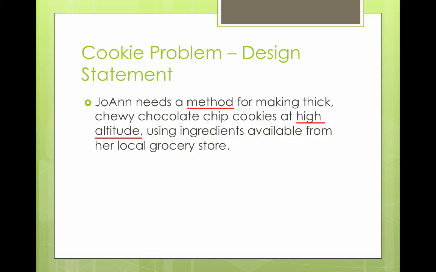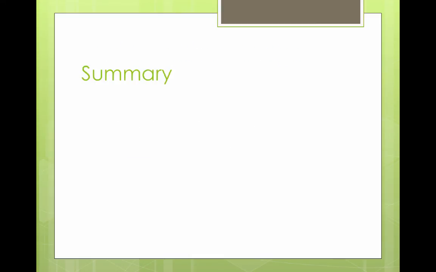And we realize that this method has to work at high altitude. So that would be a constraint that we'd be putting on the method. And we also, after talking with Joanne, realized she doesn't want to travel long distances to get ingredients or have to order them from expensive places, so they have to be available from her local grocery store.